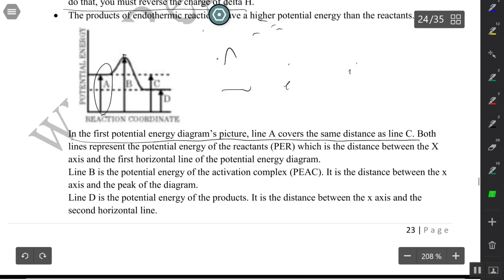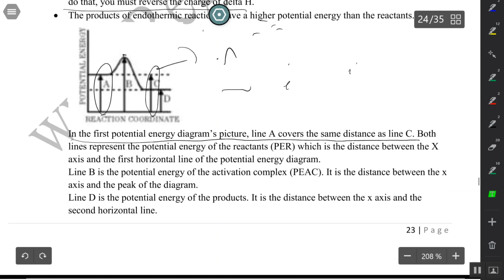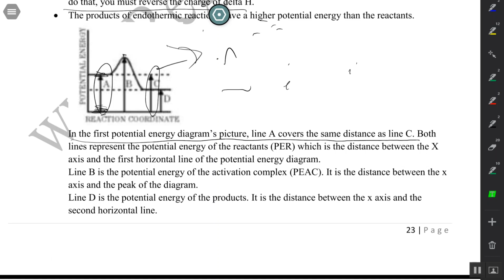So line A and line C are actually the same lines. Sometimes on the Regents, you may get a question that says, identify what C is. Don't get tricked just because C is not the distance between the x-axis and the first horizontal line. Just because it's not in the same place where it usually is, right here, it doesn't mean that it's something else.